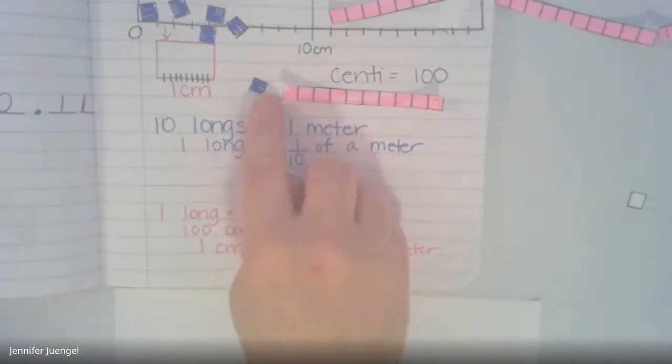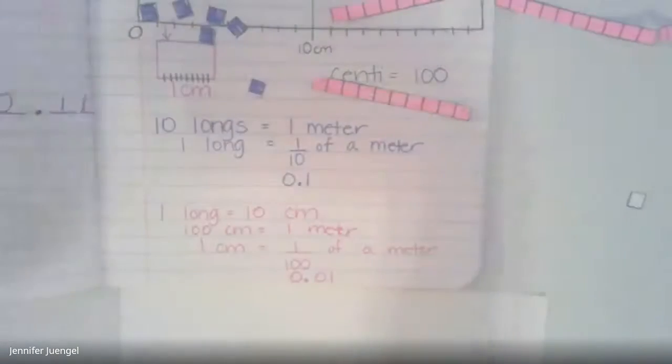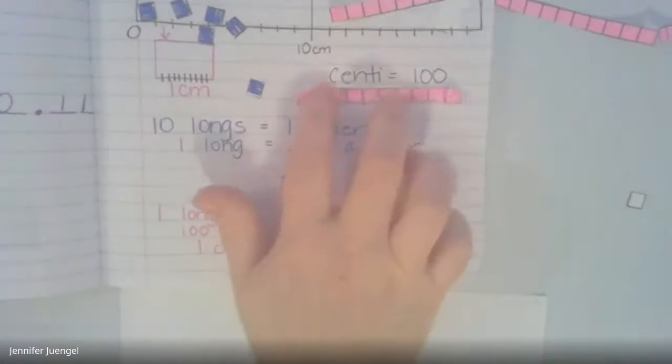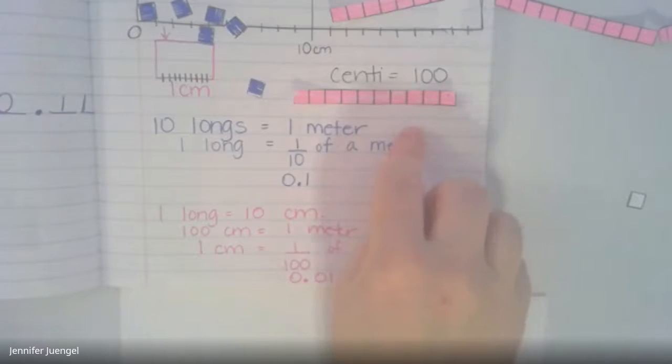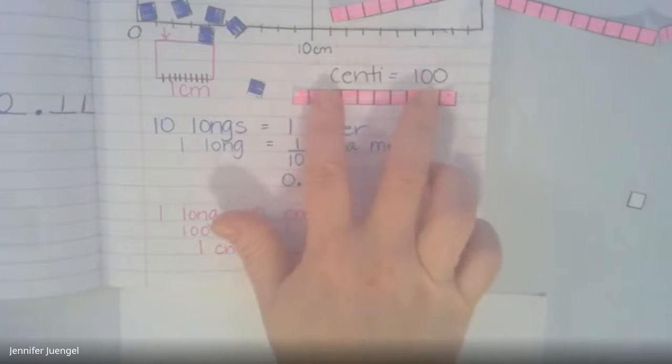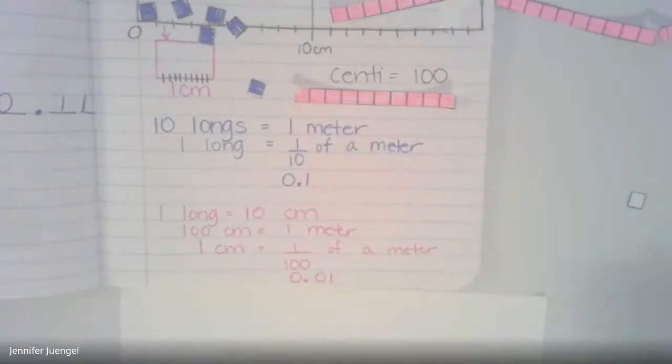is 1 unit cube, just like 1/100th of $1 is 1 tiny cube, or 1/100th of a hundredths grid is 1 tiny little cube. And 1/10 of $1 is a dime, represented by a long. 1/10 of a hundreds grid is a long, and it takes 10 of these longs to make 1 whole meter stick.